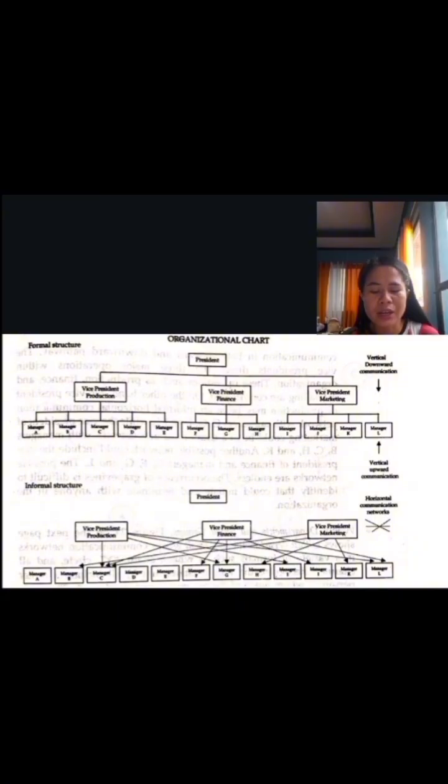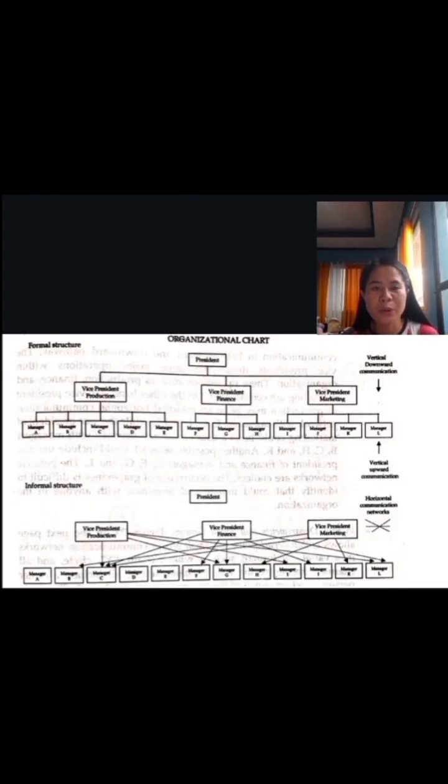Informal structure in an organization refers to the unofficial exchange of information, ideas, and opinions that happen outside of formal channels and structure. It can be a faster and more efficient way to share information compared to formal channels.